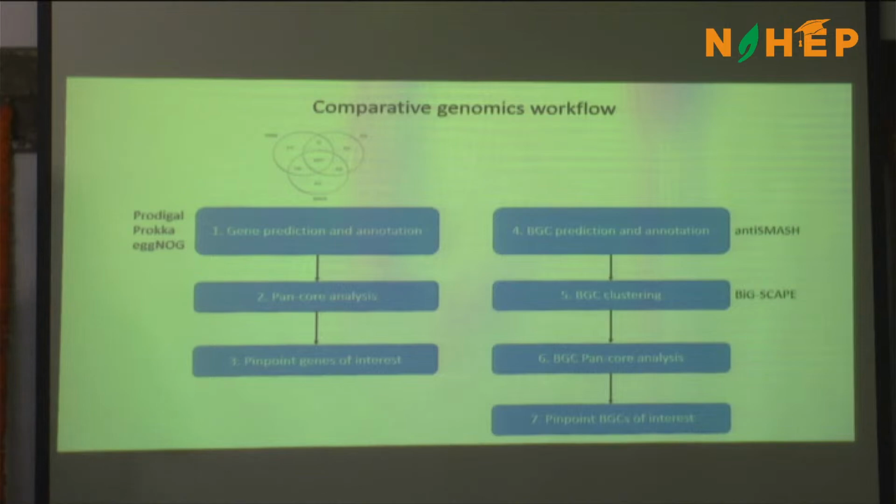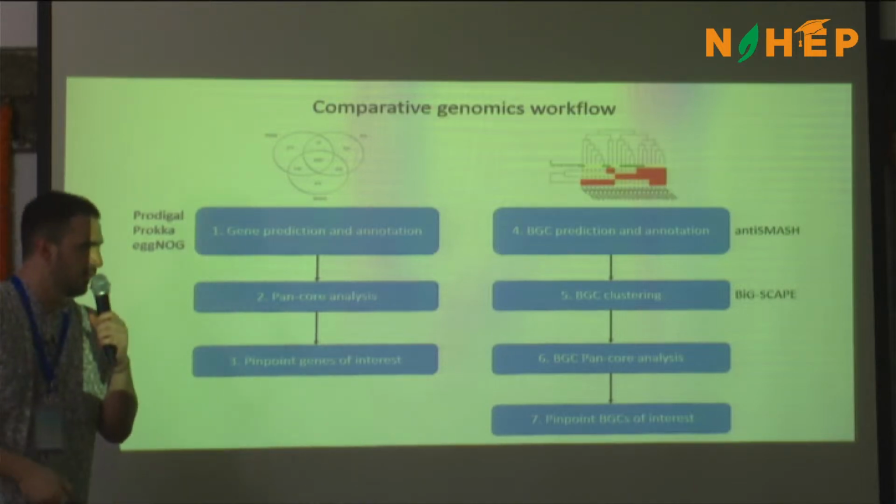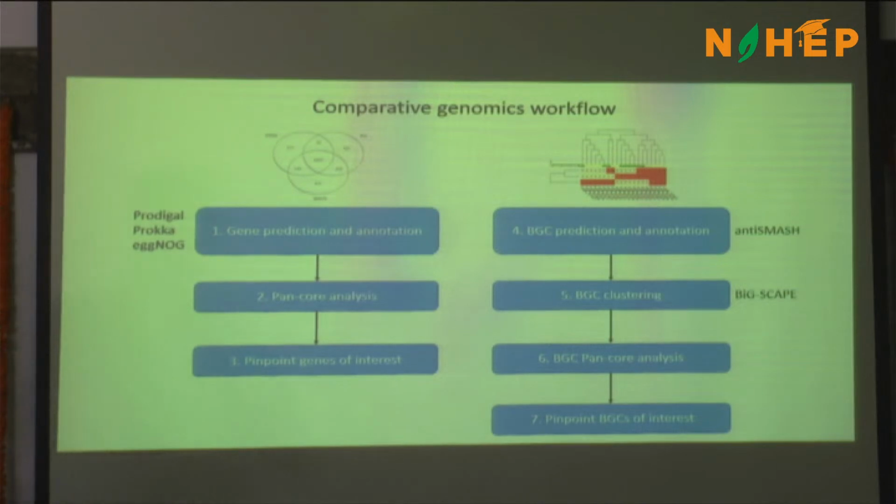Because we are interested in these secondary metabolites, we moved to a more specialized comparative genomics, more specialized for secondary metabolites, and that's antiSMASH and BiG-SCAPE. Then we did our pan-core analysis at the biosynthetic gene cluster, or BGC, level, and we found this NRPS. Then we checked in the database if this NRPS is known, and we saw that it's not. So then you have a lot to study and a lot to continue, right?